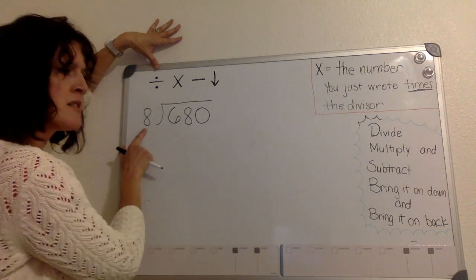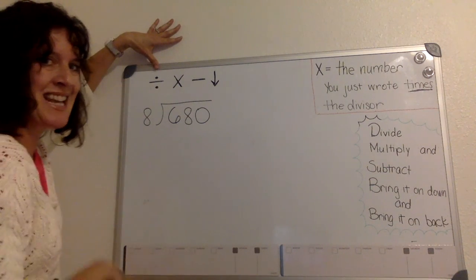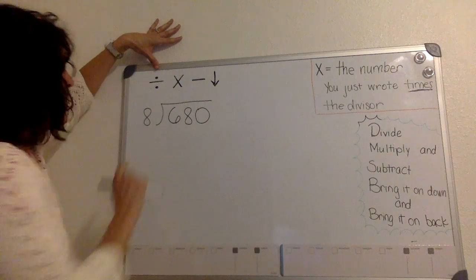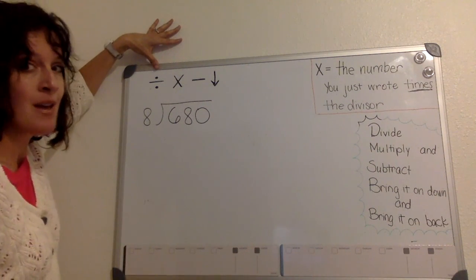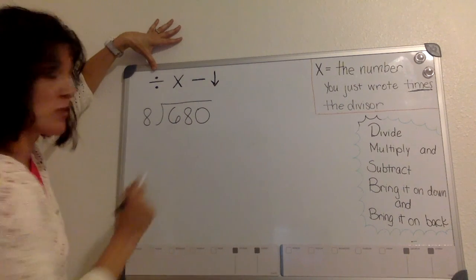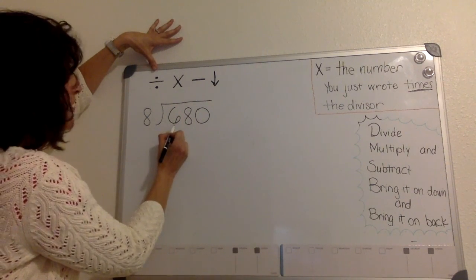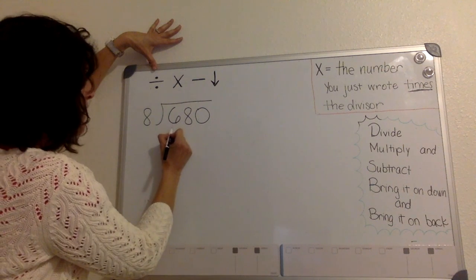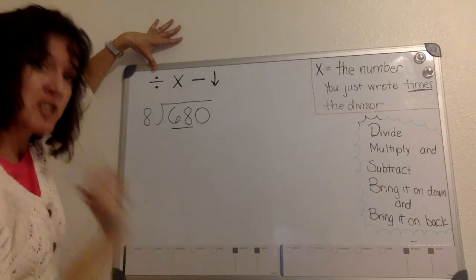How many times does 8 go into 6? None. 0. I could write the 0 up here, but that's going to take me some time. So remember my shortcut. If the first number is a 0, then I just go ahead and take the first 2 numbers instead.